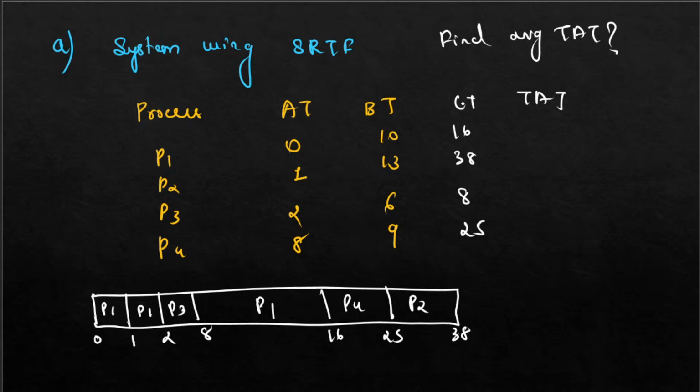TAT is completion time minus arrival time, so this will be 16, this will be 37, this will be 6, and this will be 25 minus 8, 17. Now if you do the addition, the answer is 19 for this.